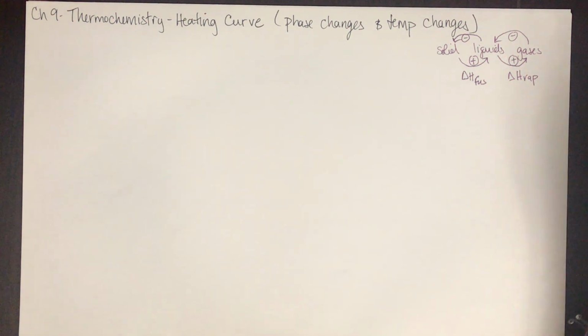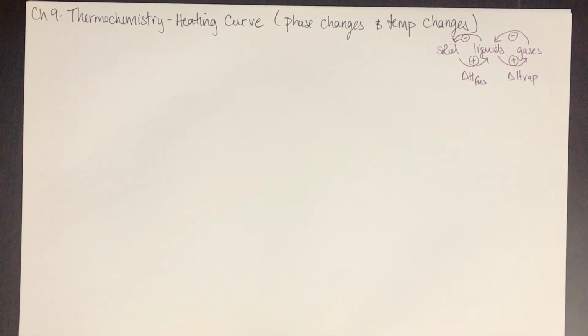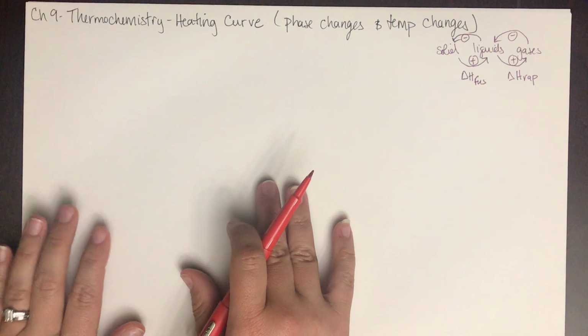So this is what we're talking about. I'm going to write out what the problem would look like, and then we'll go through this thing called a heating curve. You also could have what's called a cooling curve if you were going the other direction, but in this case the temperature is increasing, so we're calling it a heating curve.